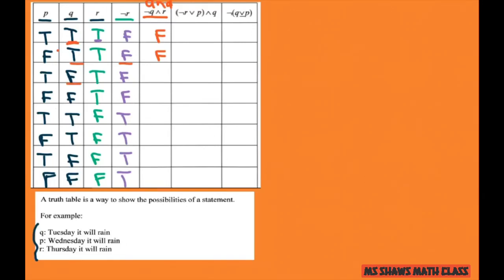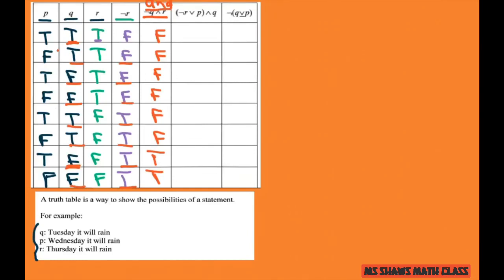Then we have true and false, that's false. True and false, that's false. False and true is false. False and true is false. True and false is false, and true and true is true. So remember on the conjunction, they both have to be true.